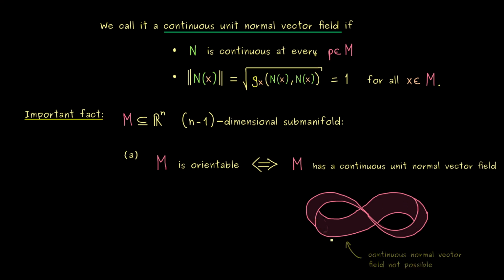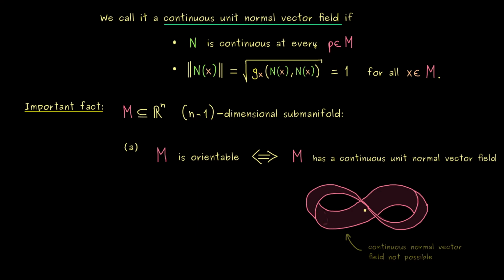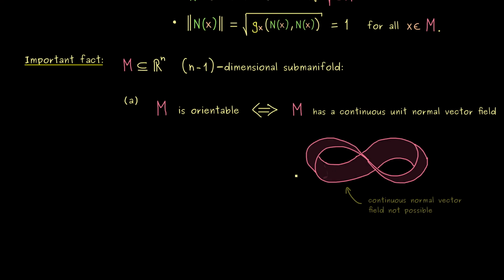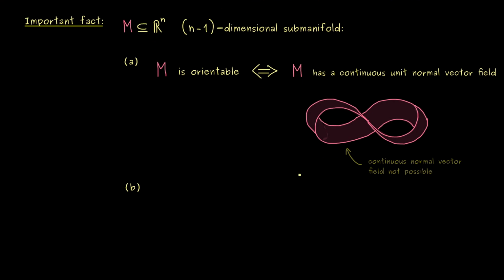And that's exactly what we have on the Möbius strip, an orientation in a continuous way on the Möbius strip is not possible. So please remember this important connection. If we are orientable, we also have a continuous unit normal vector field. Moreover, we also already know that being orientable is connected to having a canonical volume form. And there you see it. This is where we have the normal vector field connected to the volume forms.